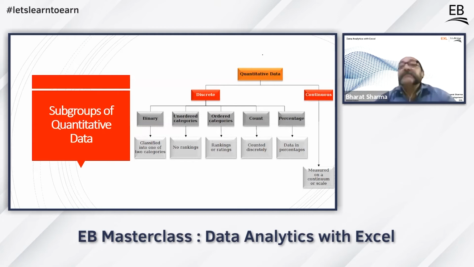Now this slide I'll spend some time on, because we spoke about the continuous part of the data, the quantitative data, continuous, which is measured on a scale or instrument. Let's talk about discrete. Now, for the ease of data collection and data analysis and the analytics tools that we're going to use, the discrete data has been divided into 5 categories.